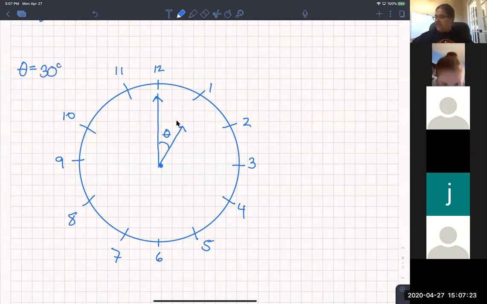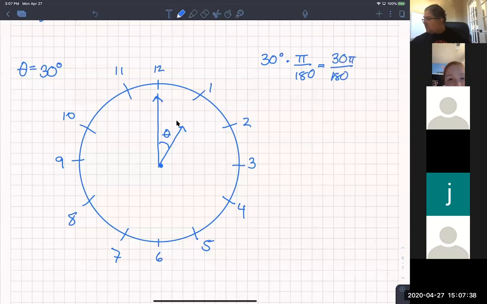Now, how many radians is it? Well, remember we talked about how to convert degrees into radians. So pi over 6. Each angle is 30 degrees or pi over 6 radians.